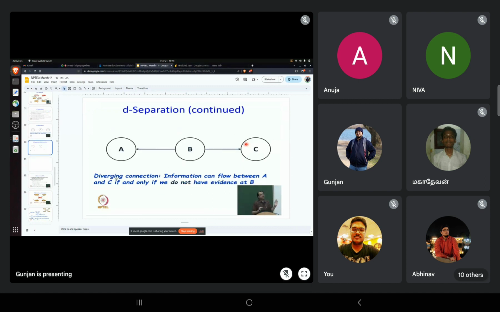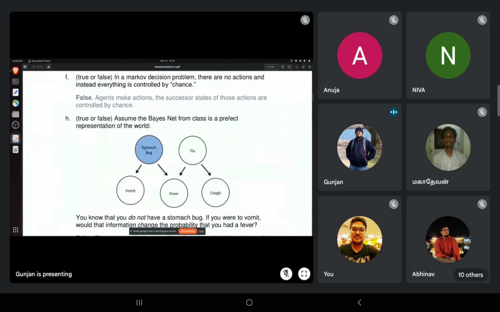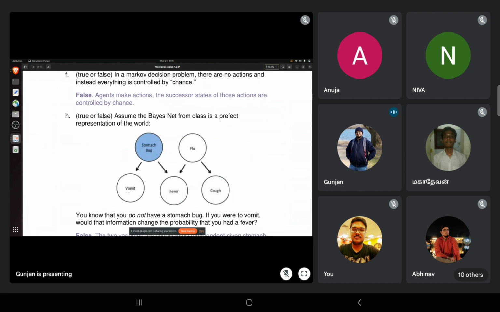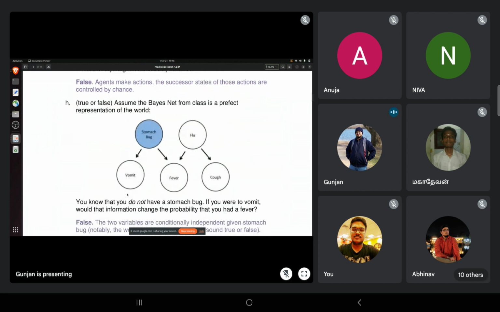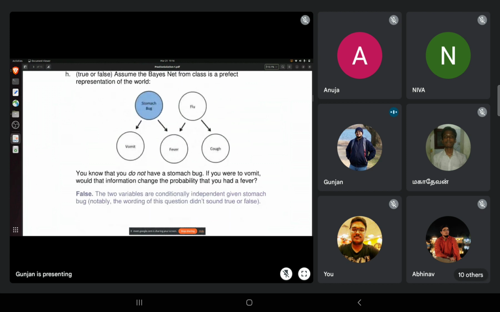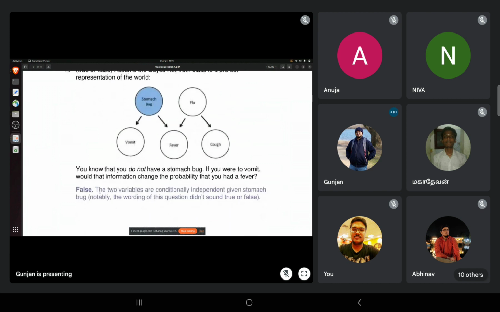So do we have evidence at B? In this situation, B is stomach bug, right? So if we know stomach bug, if we do not have stomach bug, and if you were to vomit, would that information change the probability? And the answer is false.